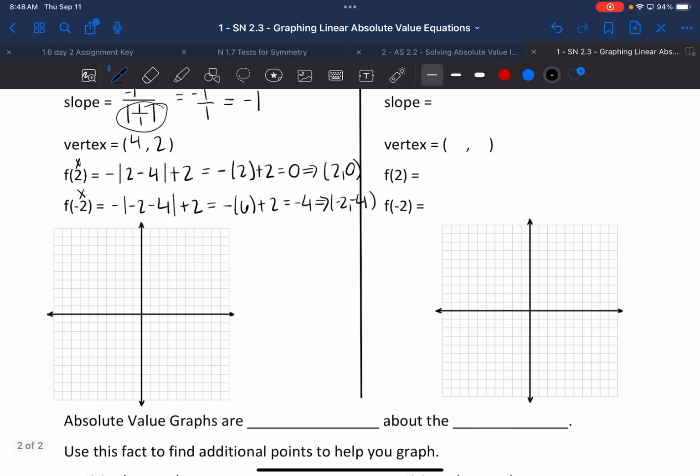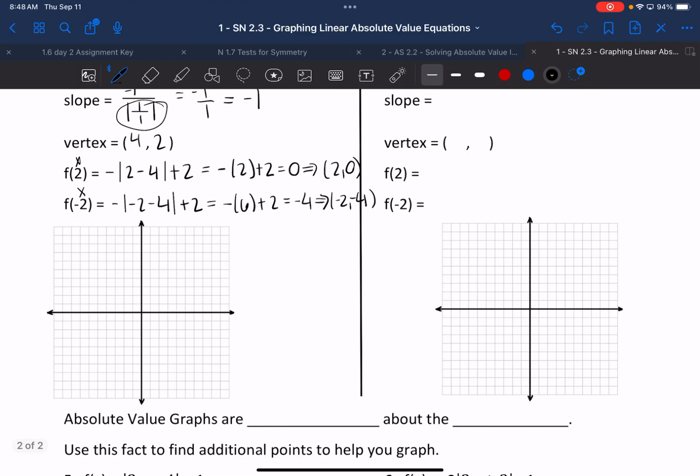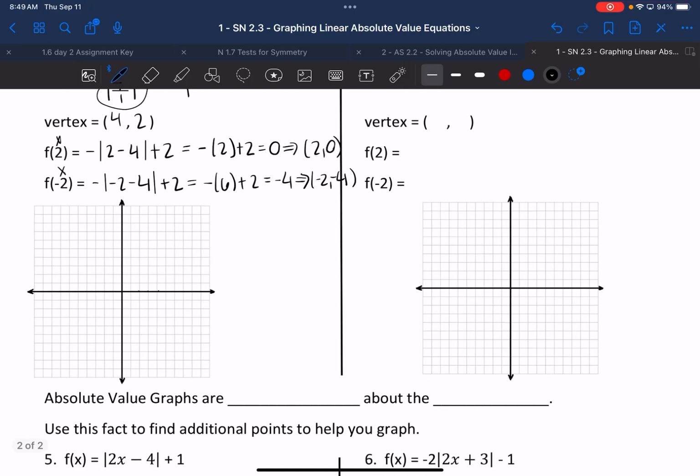All right. So first thing we always do is plot the vertex. You guys said our vertex was at 4, 2. Okay. And we said our slope was what this time? Negative 1. So instead of going up 1 and over 1, we should be going down 1 and over 1. Good.